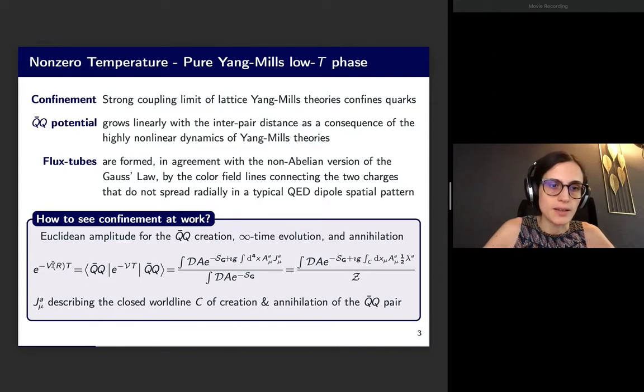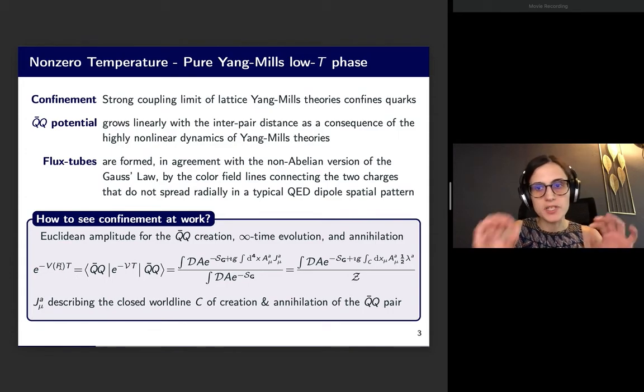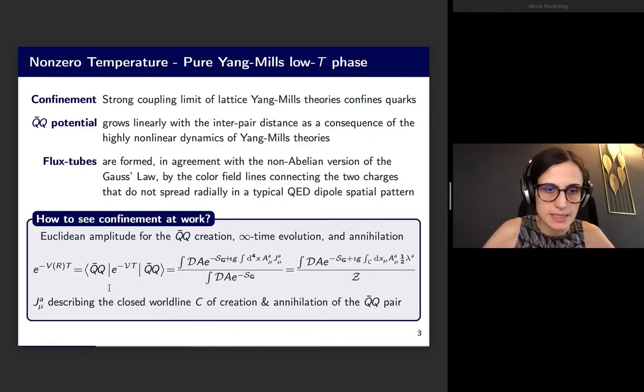You see that basically this is the corresponding expectation value, which then should match the negative exponential of the potential as a function of capital R, which is the relative displacement between the sources, and T, which is the temporal extent of the evolution, where the current in this expression is describing the closed world line of the creation and annihilation of our static pair.